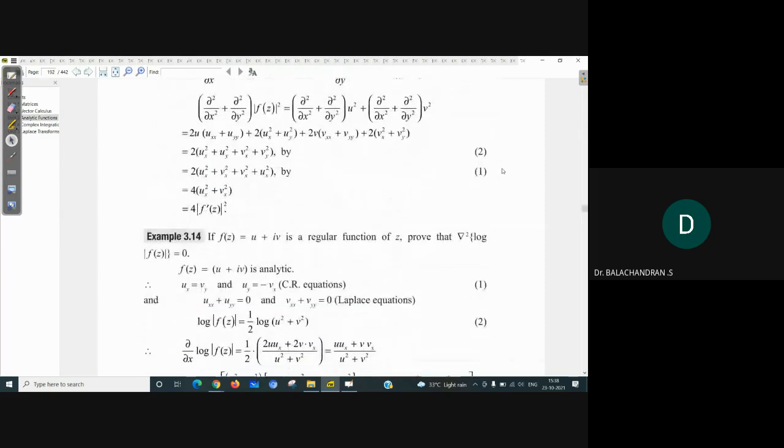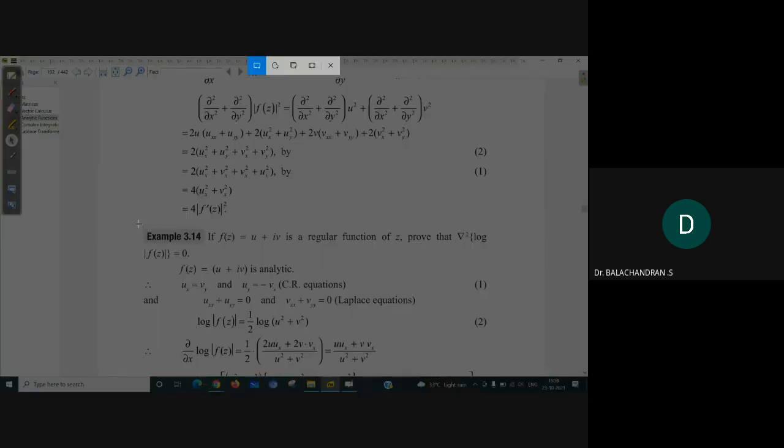So the statement is what? If f of z equals u plus iv is a regular function. You know what is a regular function? It's the same as an analytic function. Prove that del square of log of mod f of z equals 0. So I will write only the statement.